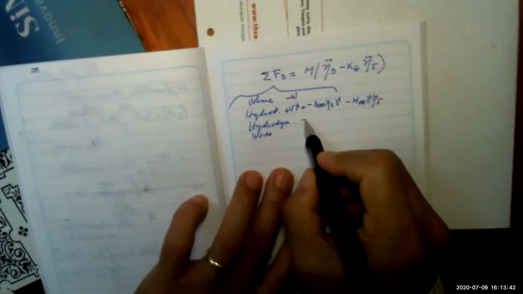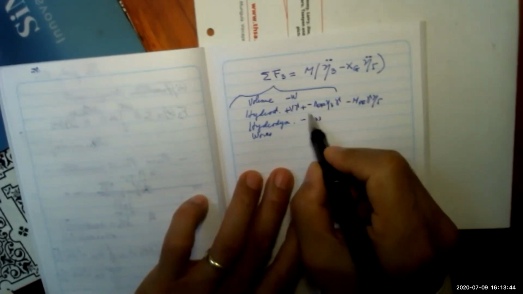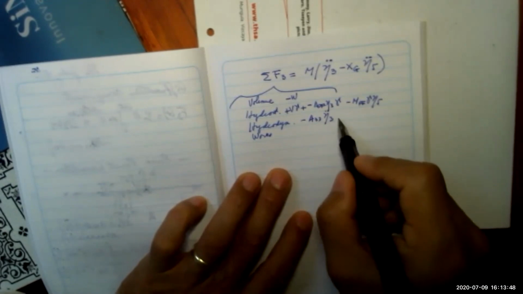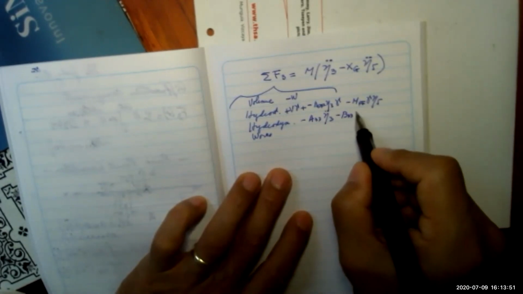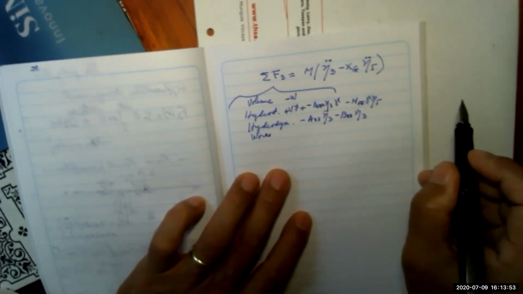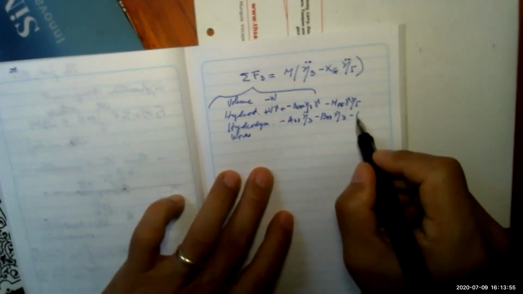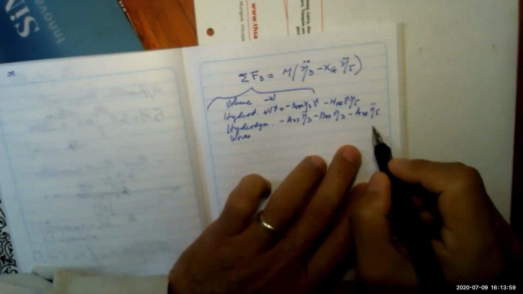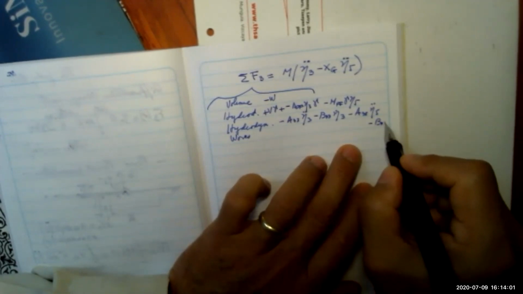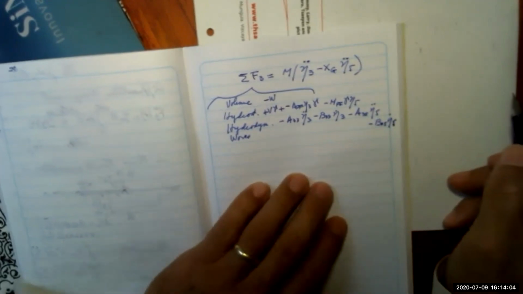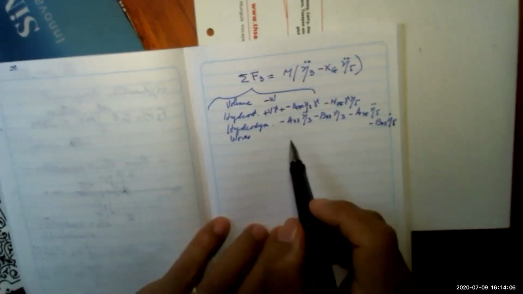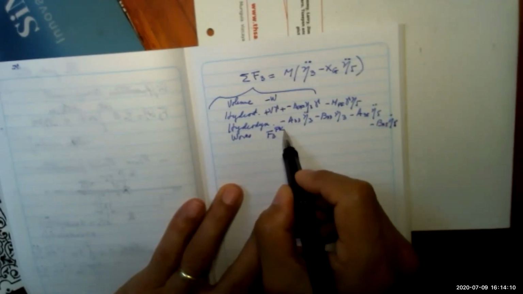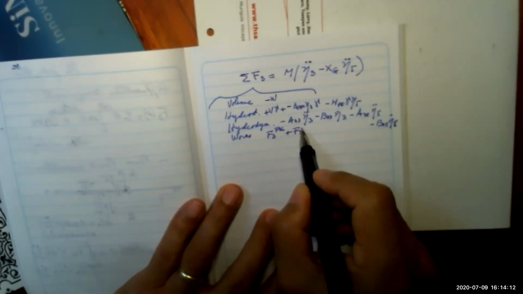Hydrodynamics, we got minus A33, this is large A33, eta 3 acceleration, minus B33 velocity. What else? Minus A35, minus B35. There. And we are calculating this, and this is going to be F3 Froude-Krylov plus F3 diffraction.